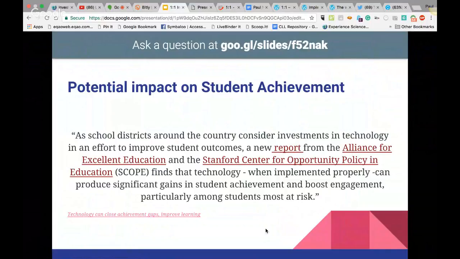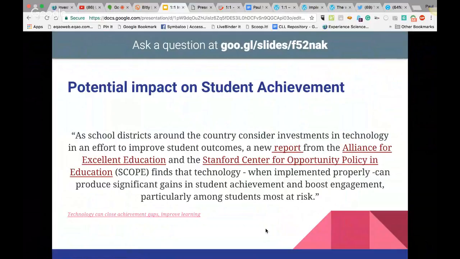It was produced by the Stanford Center for Opportunity Policy in Education, and it talked about a group of researchers who did a review of the literature on one-to-one, and they came up with some conclusions.